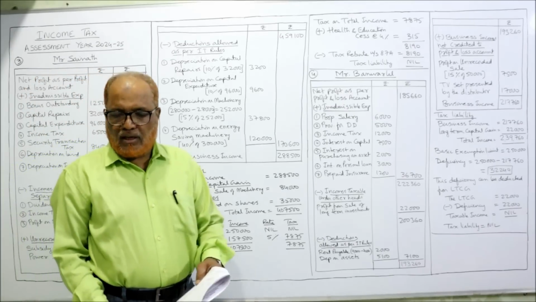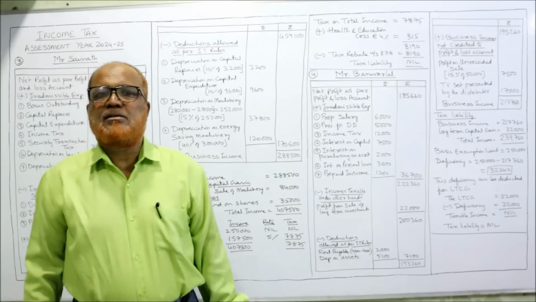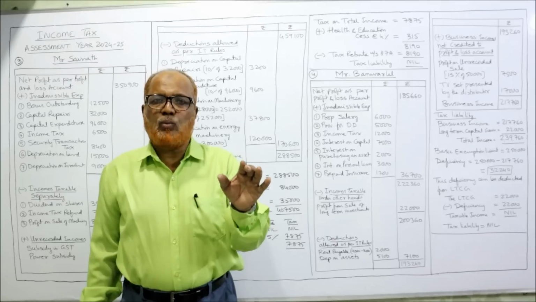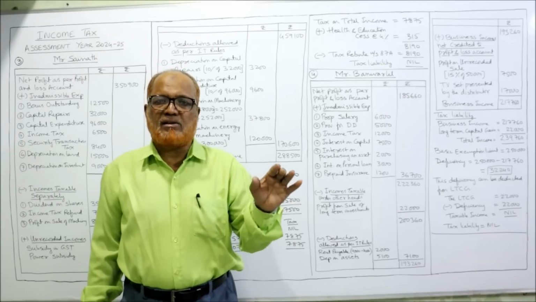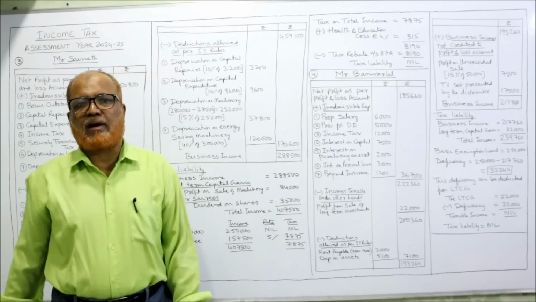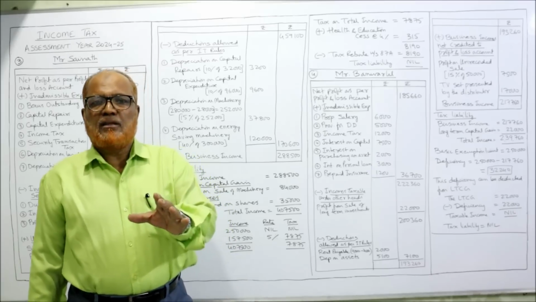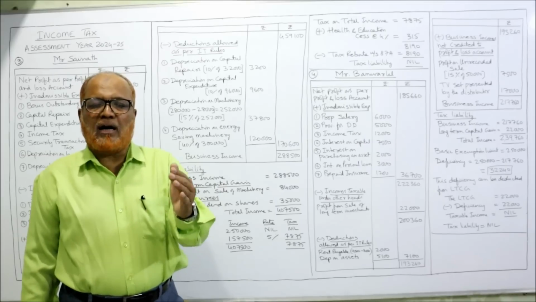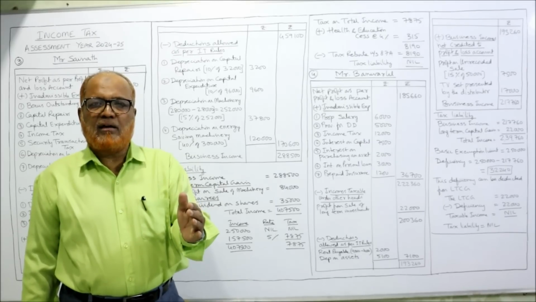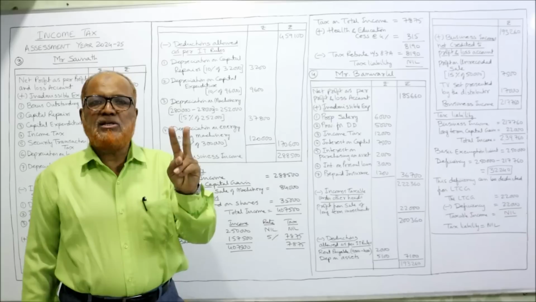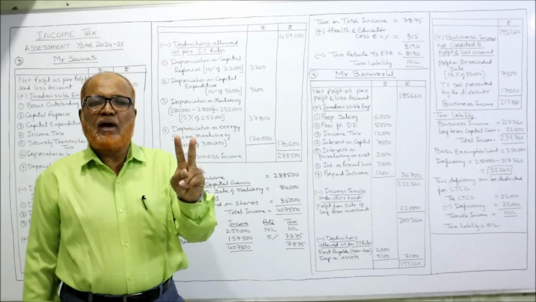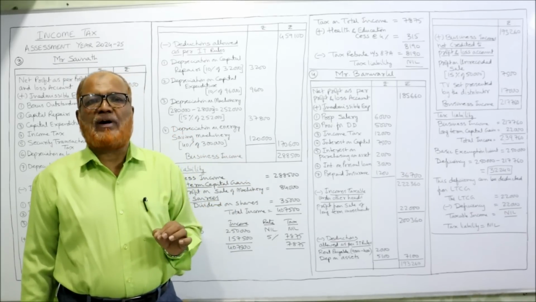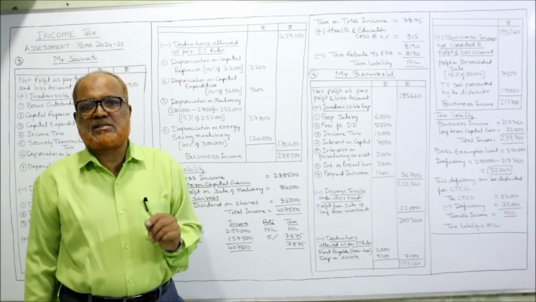Now remember, if the assessee's income is below 5 lakh, then tax rebate will be given under section 87A. In working note, you should write down: since the total income is below 5 lakh, tax rebate under section 87A will be allowed to the least of the following two amounts: actual income tax or 12,500, whichever is least.